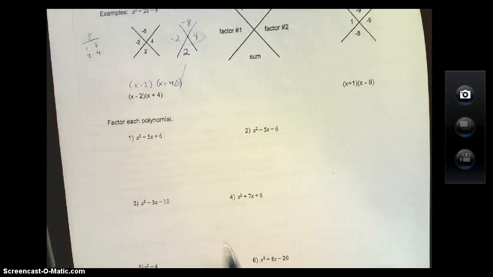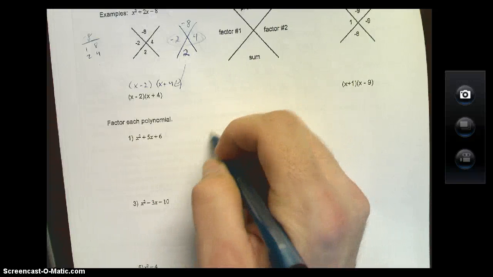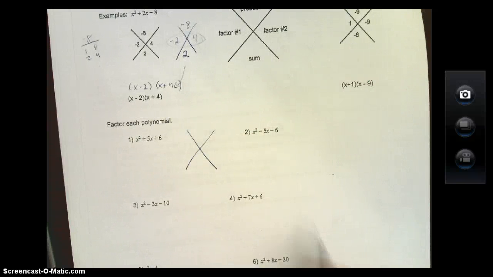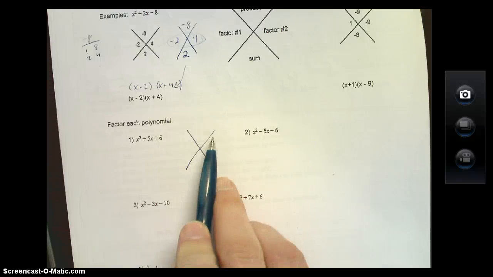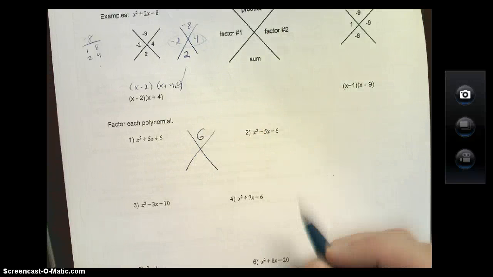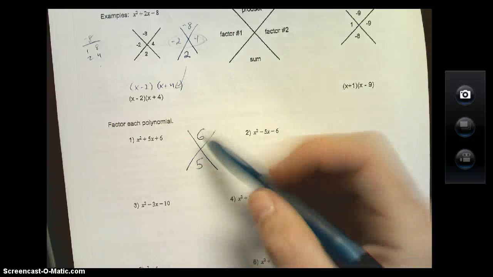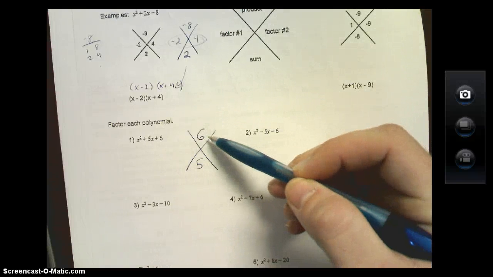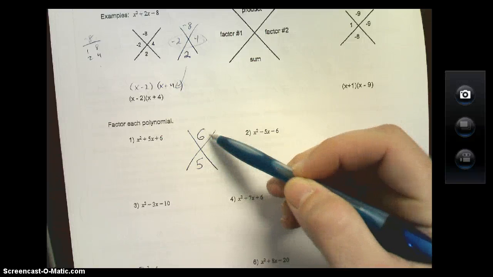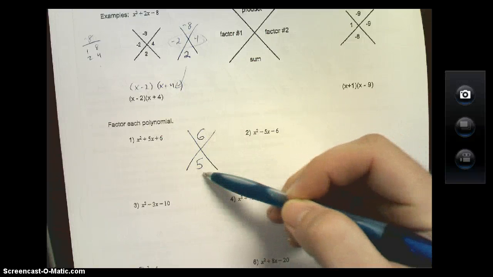So I'm going to show you one more example here, the first one, and then I'll let you try out the rest. Make your x. The number at the end goes up top, +6. The middle number goes on the bottom, 5. So what two numbers, what factors of 6, add up to 5?